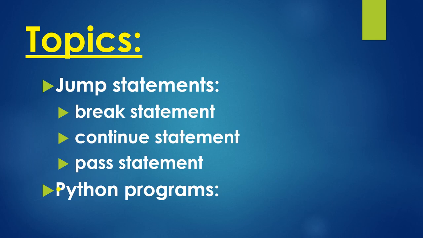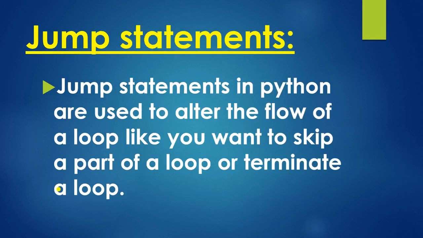Now today's class topic is, first we will discuss jump statements. In jump statements you have 3 parts: break statement, continue statement and pass statement. Based on these statements I will tell you the programs. Jump statements in Python are used to alter the flow of a loop, like when you want to skip a part of a loop or terminate a loop.